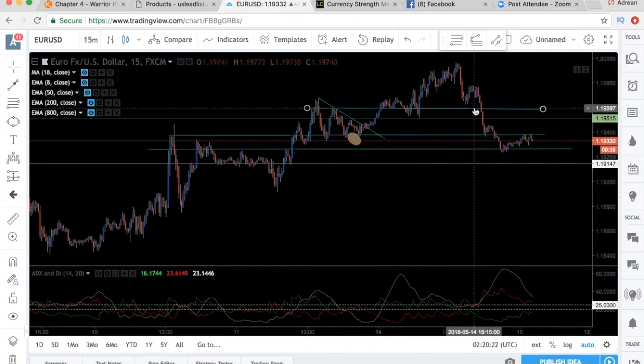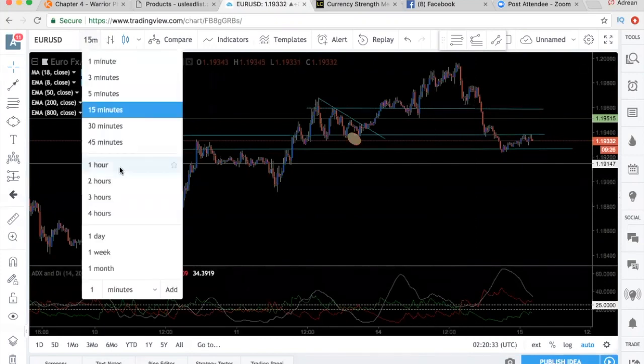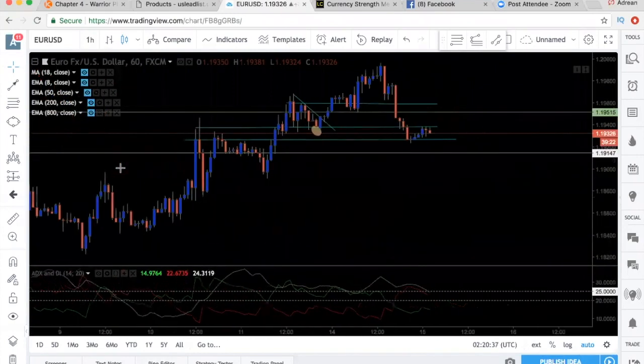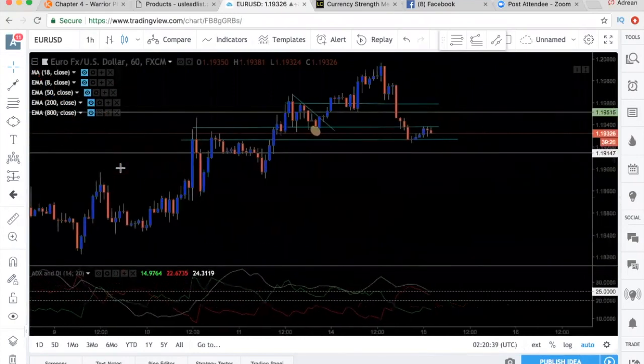And that's why we don't look at the 15-minute or 30-minute when it comes to doing market analysis. We look at that for entry, for extra verification. That's what we mainly focus on. So when it comes to understanding whether the buyers or sellers are in control, we want to look at the 1 hour. We want to look at the 4 hour.